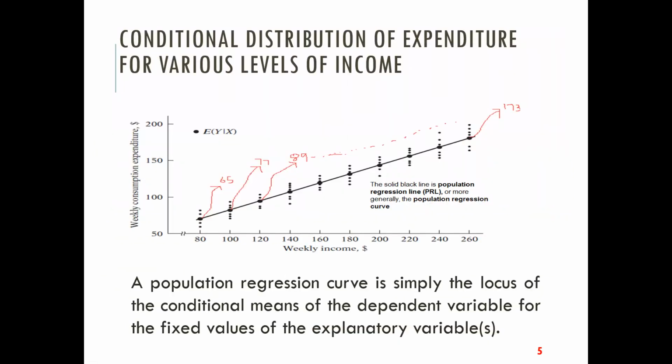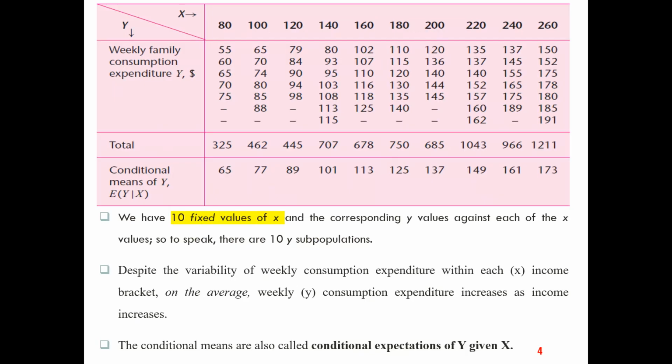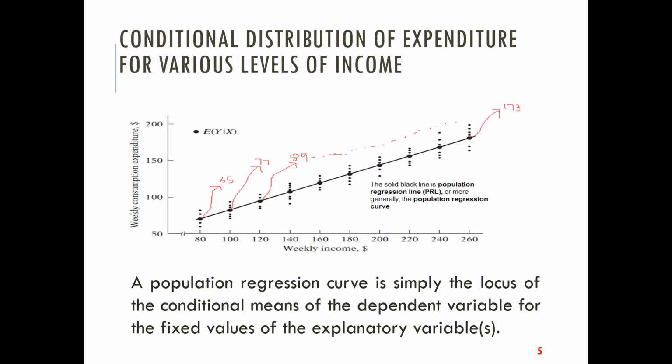Okay, so let me further explain the concept with the help of this diagram. If I refer back to this table, you can see that against an income level of 80, the average consumption is 65. Now come back to the diagram.